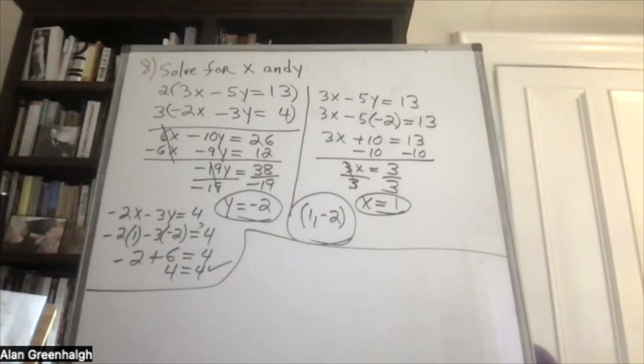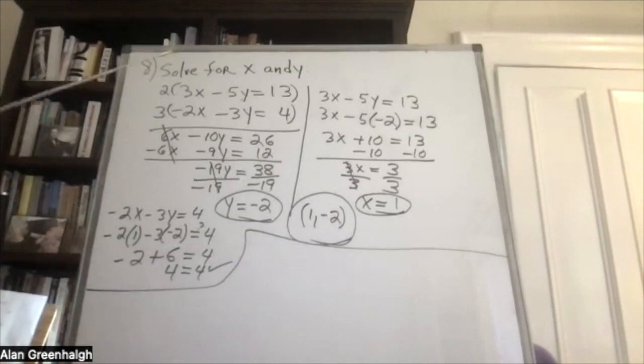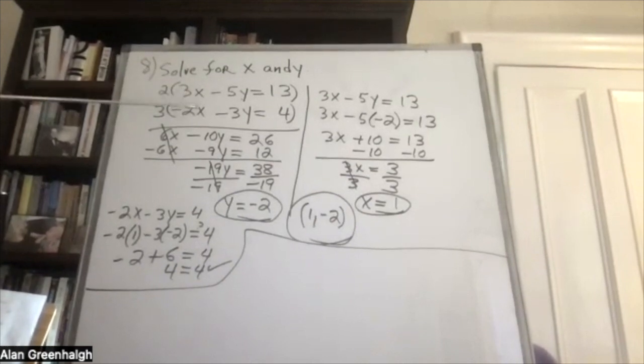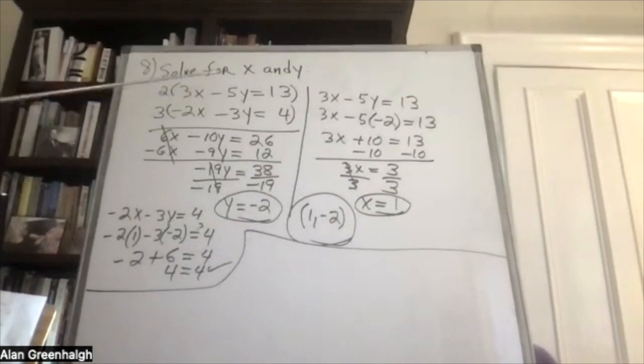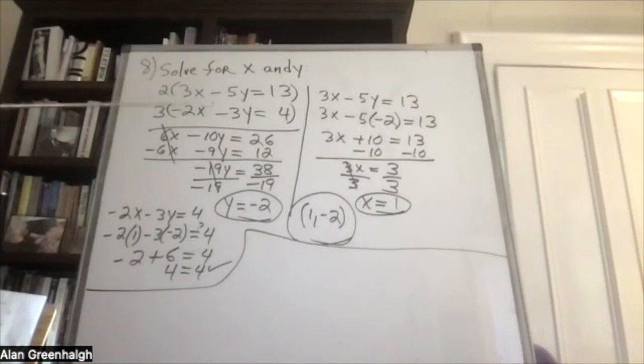How did you get the 2 and the 3 before the problem? Well, I realized that in order to solve these two equations together, you had to get rid of either the x's or the y's.